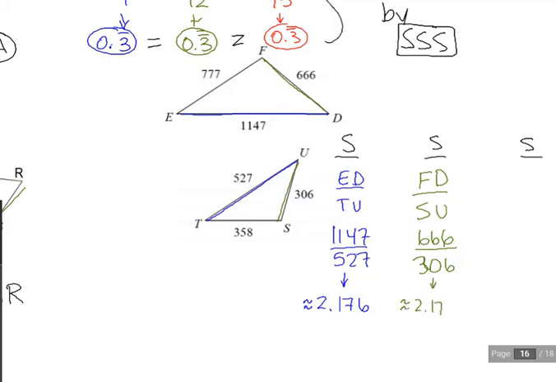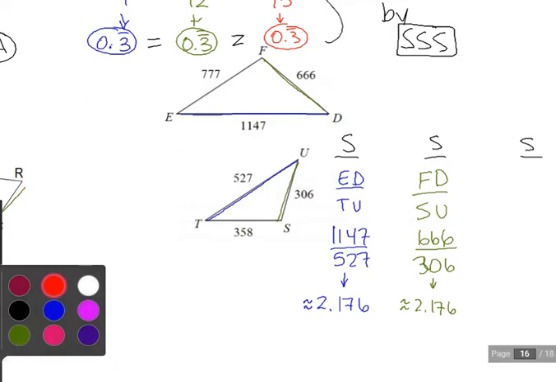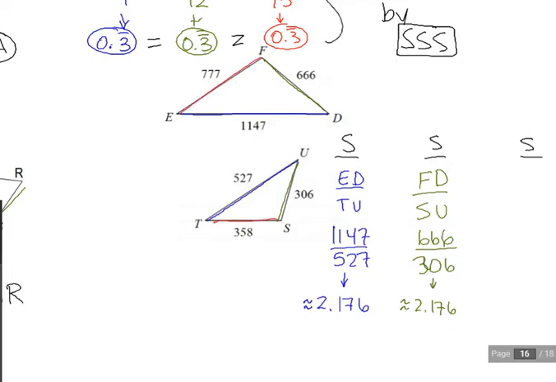Okay, so let's see if that third one matches. All right, so large triangle over small triangle. So EF is the same as TU, or in other words, 777 over 527. Okay, and I got 1.474 approximately.